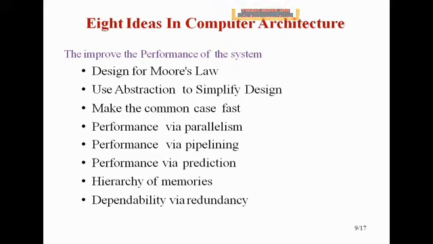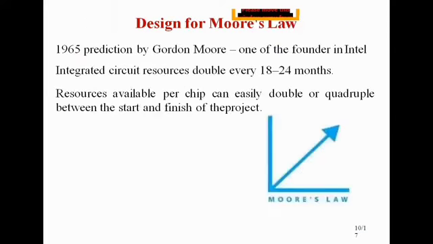First one is design for Moore's law, and second one is use abstraction to simplify design, make the common case fast, performance via parallelism, performance via pipelining, performance via prediction, hierarchy of memories, and last one is dependability via redundancy.